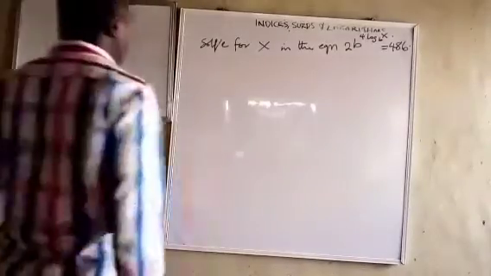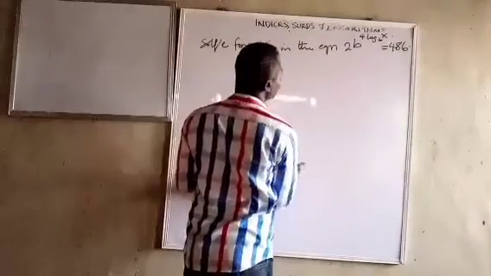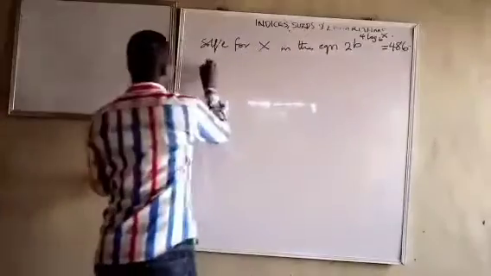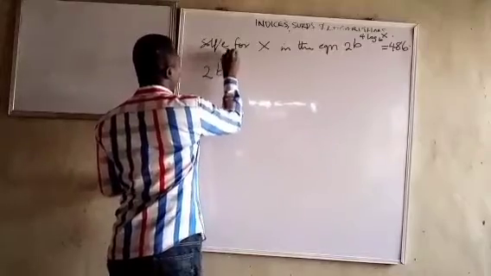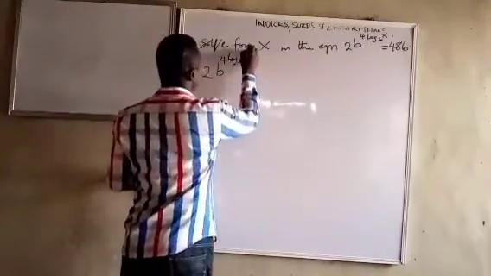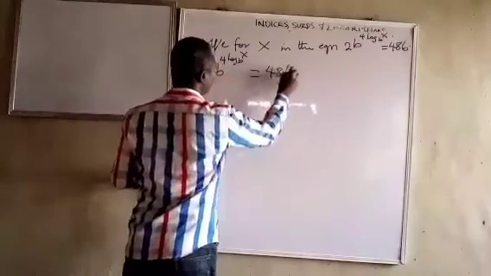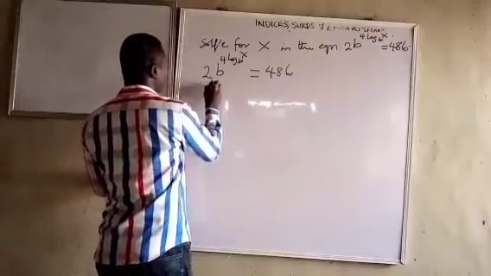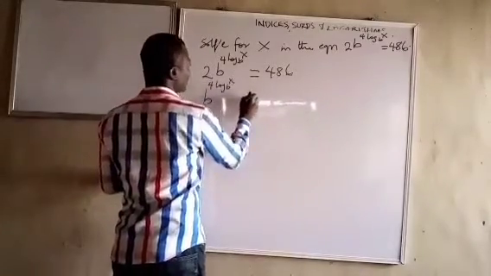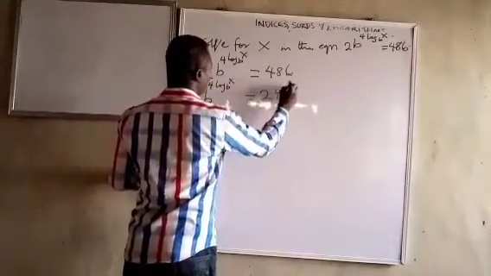So we have this: solve for x in the equation 2b raised to the power 4 log_b x equals 486. Therefore, b raised to the power 4 log_b x is equal to 243.